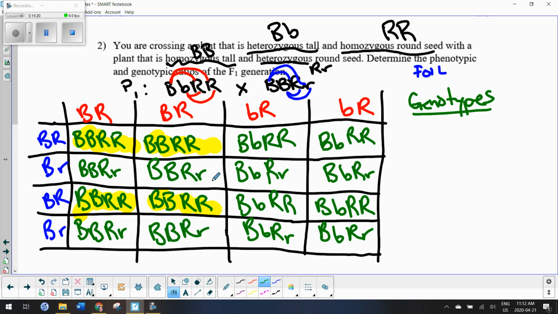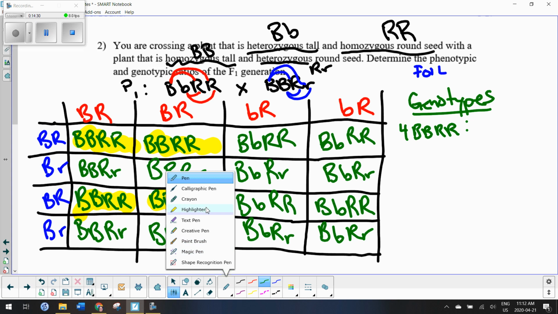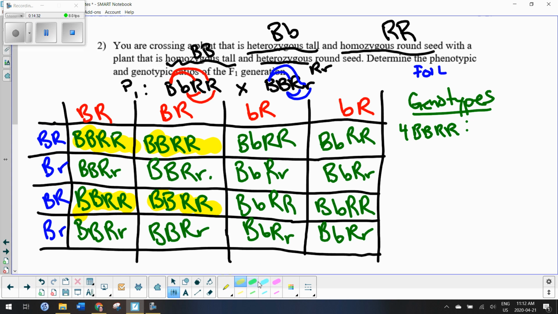So then what you're going to do is write 4 big, and then go to your next highlighter. Okay, so go to your next genotype. So we have big, little, big, little, big, okay.